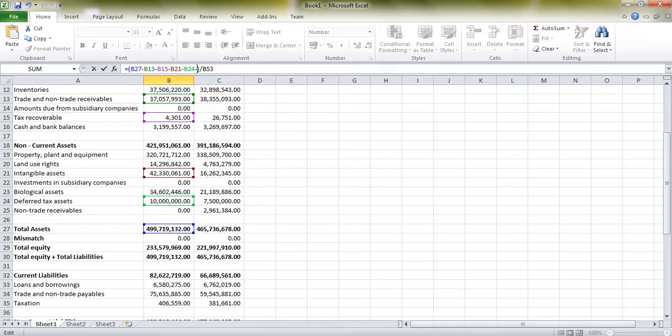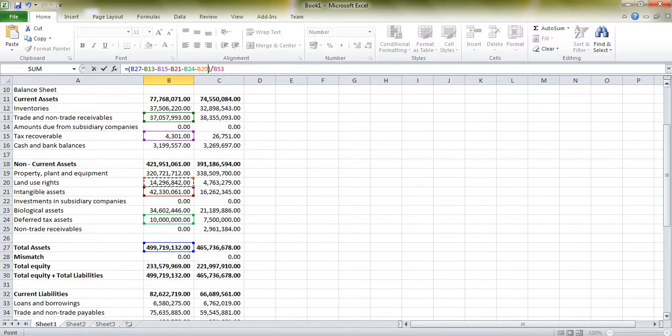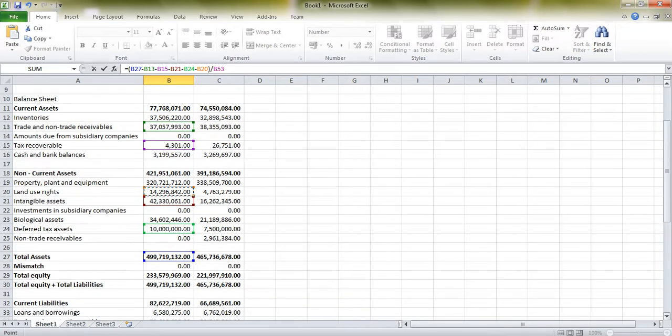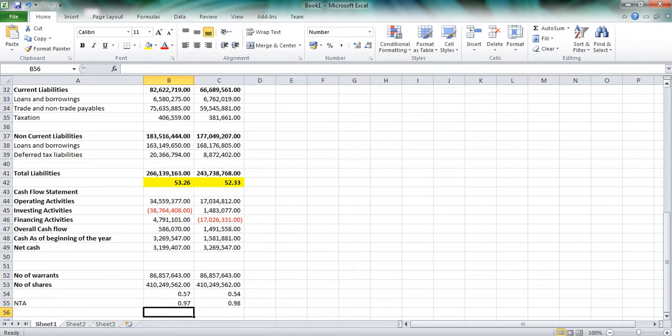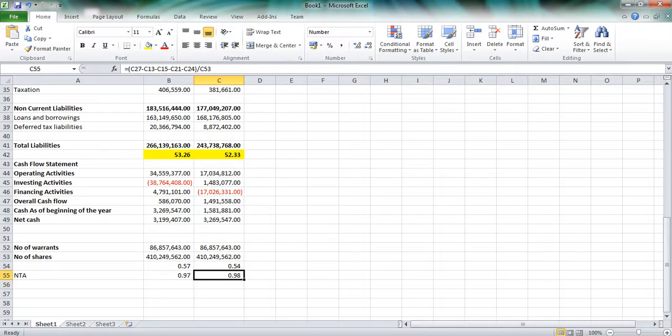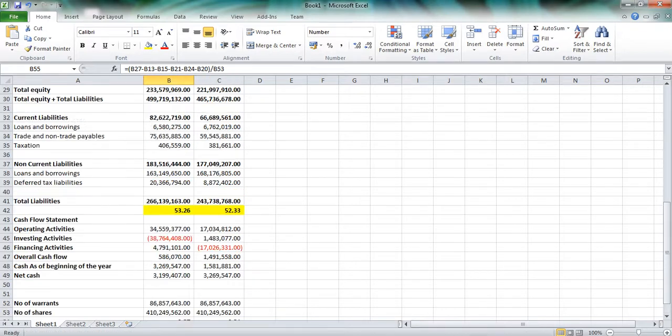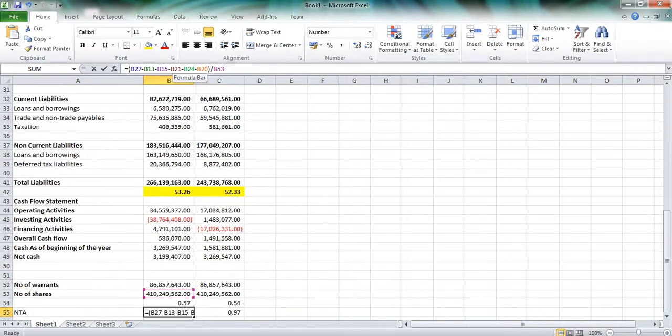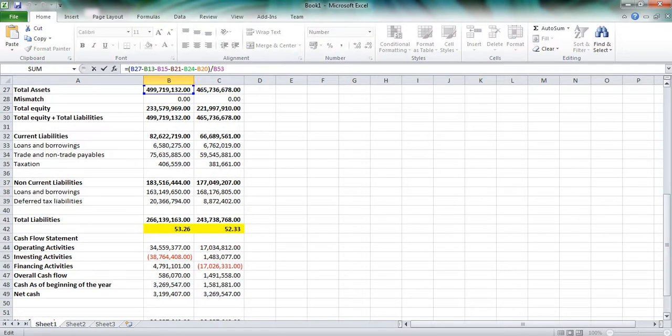This one needs to be minus out as well. Property and plant equipment. Inventories, okay. That may further reduce it.